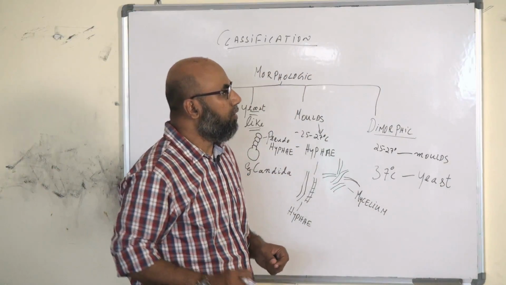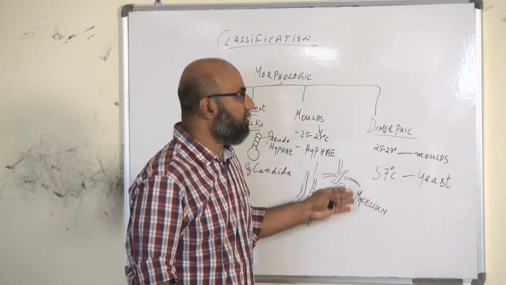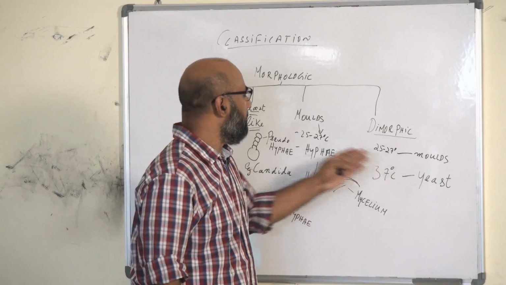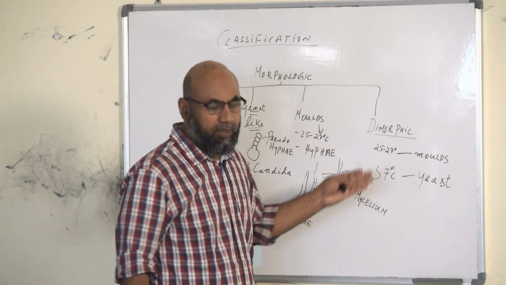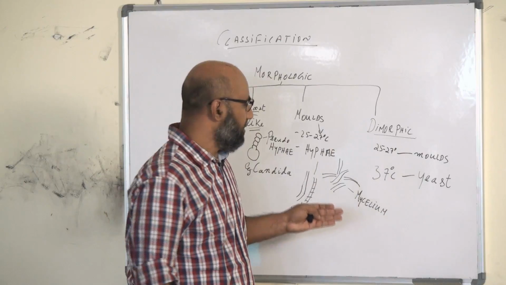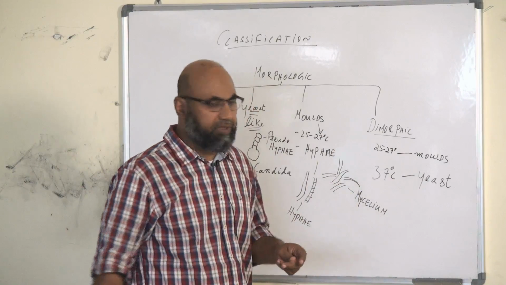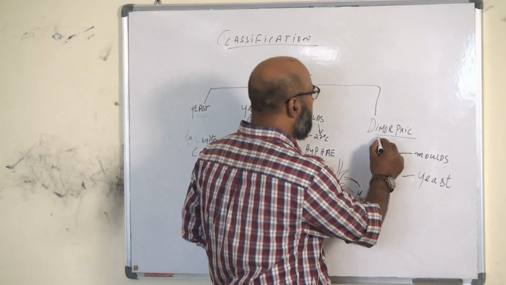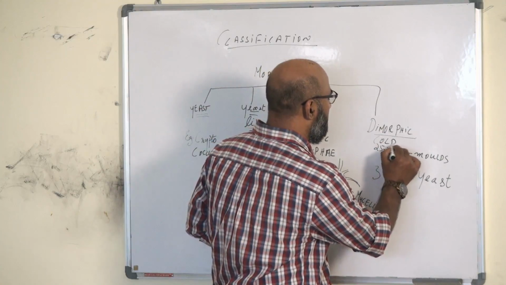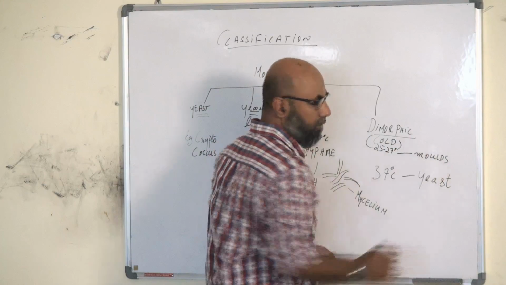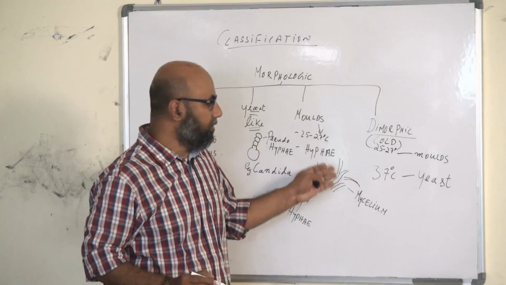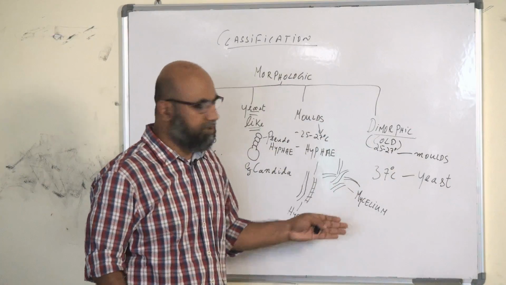So at 25 to 27 degrees, they are molds. At 37 degrees, they are yeast. If you want to remember this easily, remember this: cold mold. At a cold temperature, they are mold, and at a higher temperature, they are yeast.